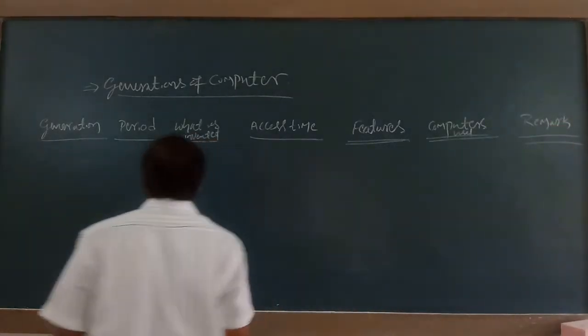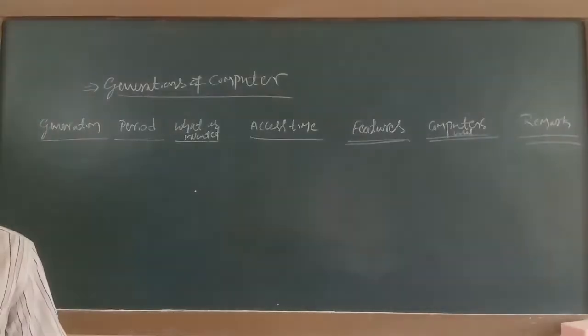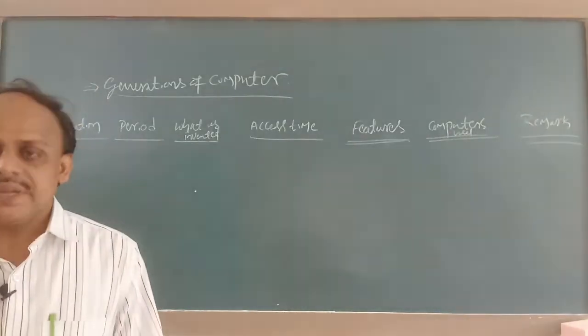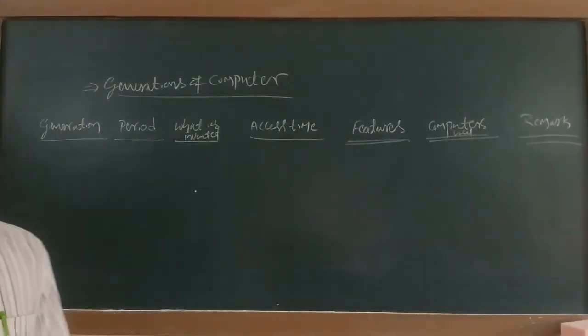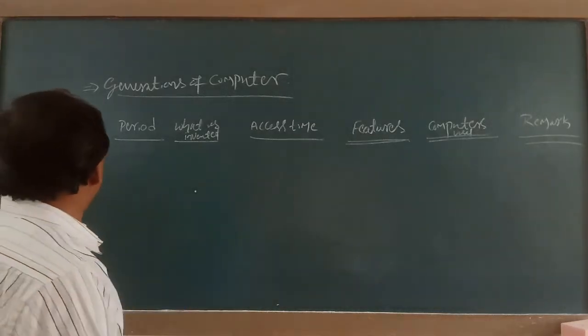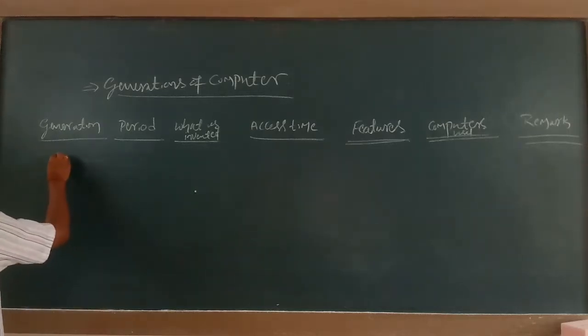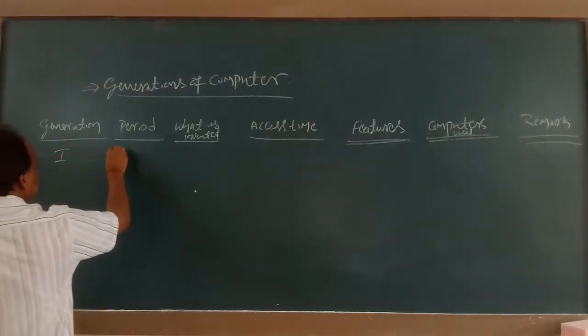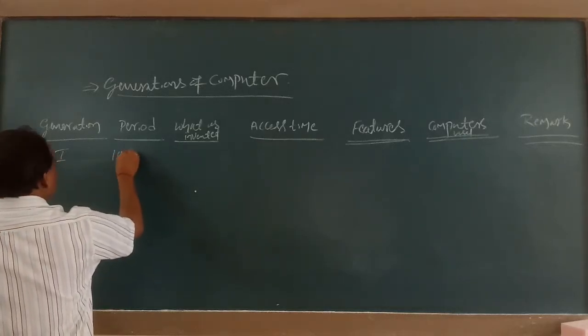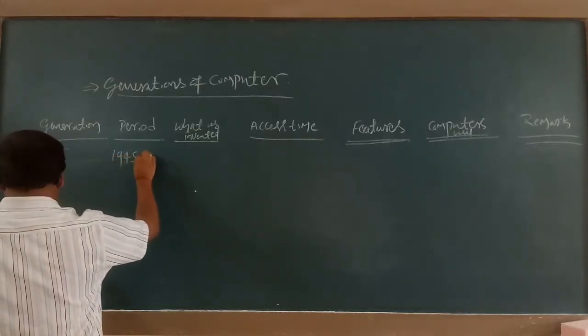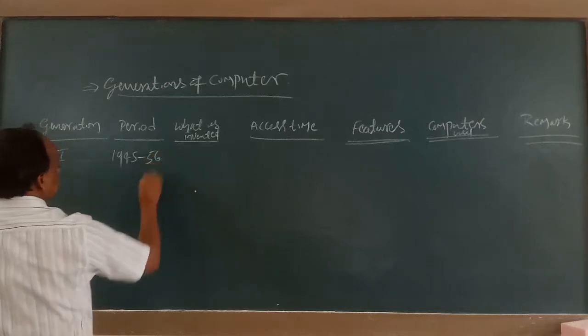Now let us see here. This table gives different generations of a computer. So first one is the first generation of computer. The period is 1945 to 56.